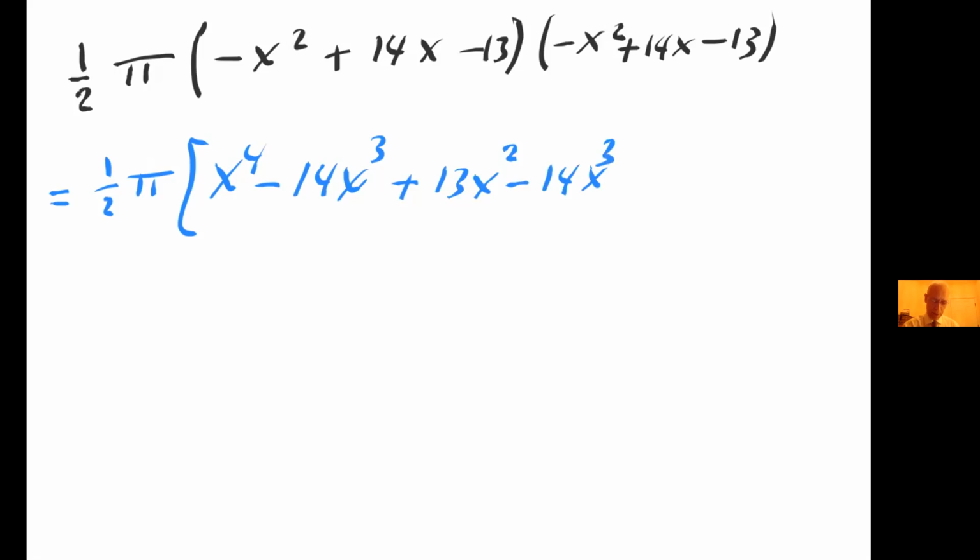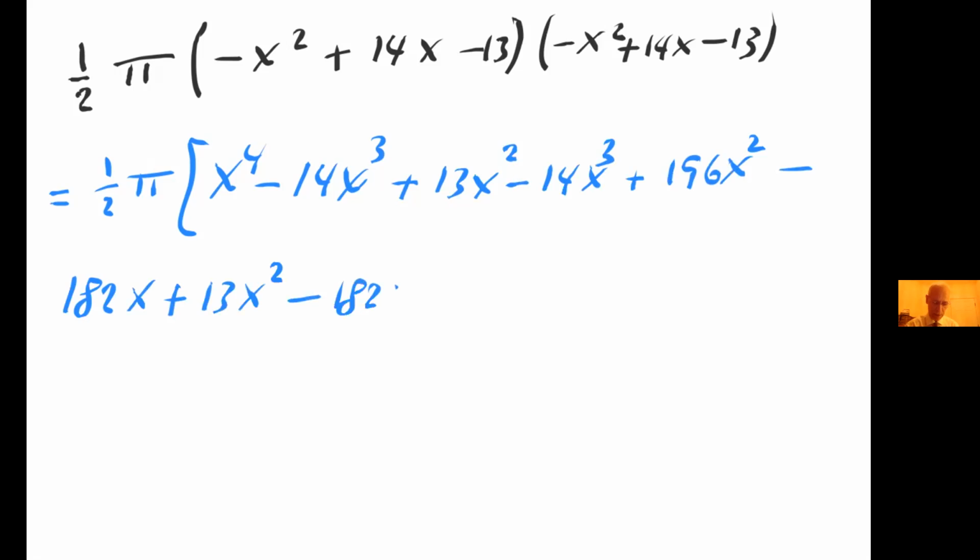And then plus 196x squared minus 182x plus 13x squared minus 182x plus 169.